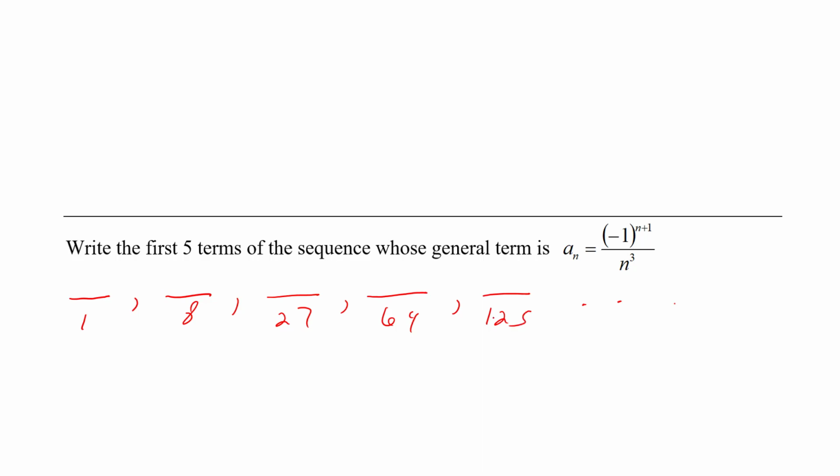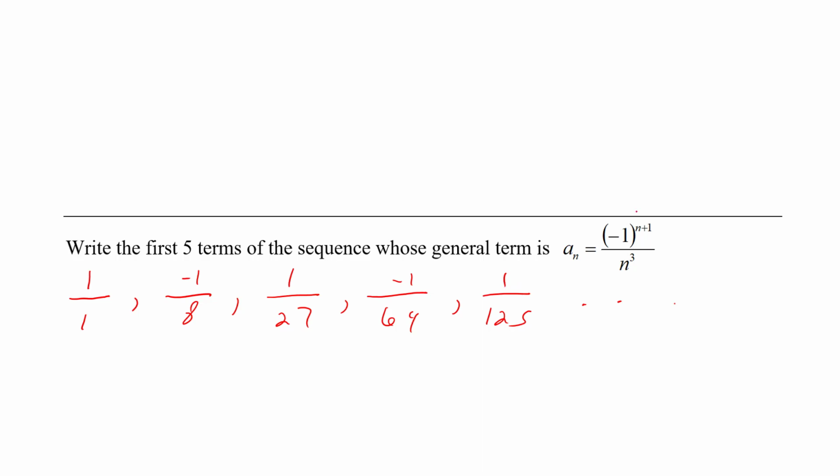In the numerator, negative 1, when we put in 1 for n, you'll get negative 1 to the second power, which is positive 1. Negative 1 to the third power is negative 1. Negative 1 to the fourth power is positive 1. Negative 1 to the fifth power is negative 1. Negative 1 to the sixth power is positive 1.